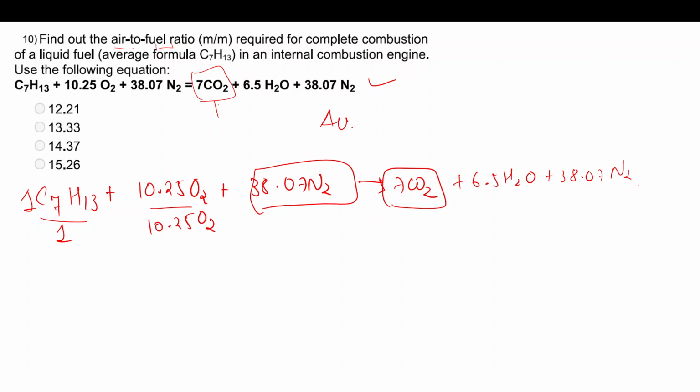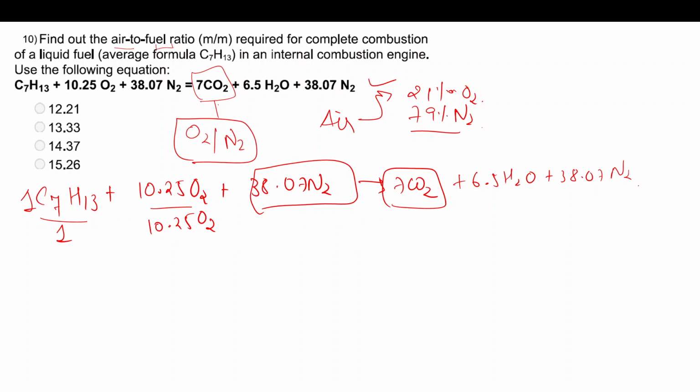21%. Yeah, so air has 21% oxygen, okay, and 79% nitrogen. So if we check whether these two, oxygen to nitrogen, are in molar ratio or not, we can just check 10.25.